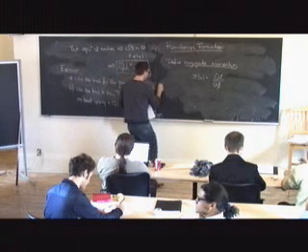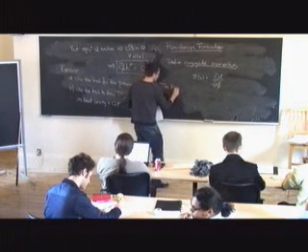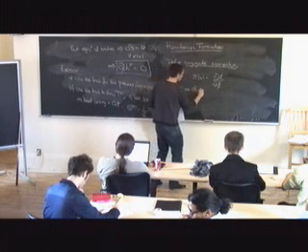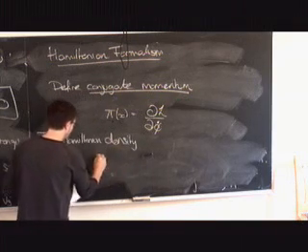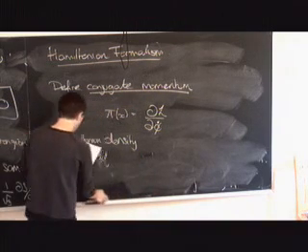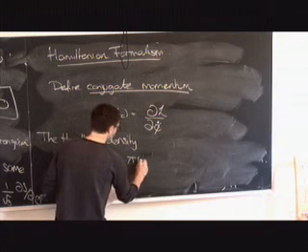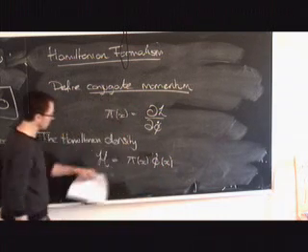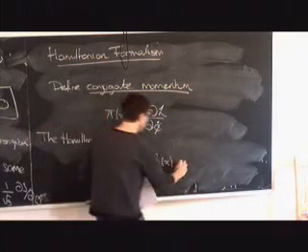Okay, the Hamiltonian density is then defined in the usual way. I'll denote it by a curly h. So it's the momentum times phi dot minus the Lagrangian.